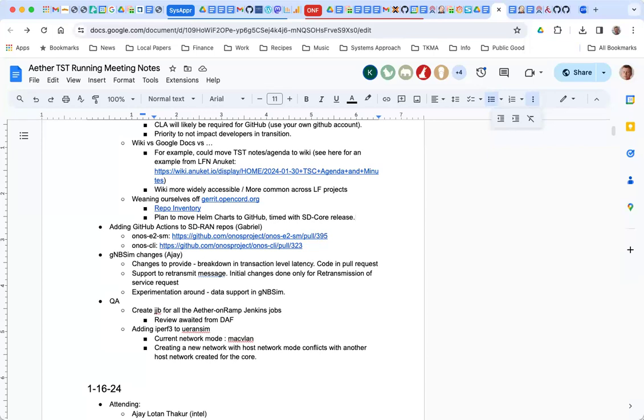All right, gNB Sim changes, AJ. Yeah, so I believe we have done this over the last one or two weeks. The first is that we had a requirement from Purdue: they wanted a breakup at the transaction level to clearly get a measurement of the latency added by the core.